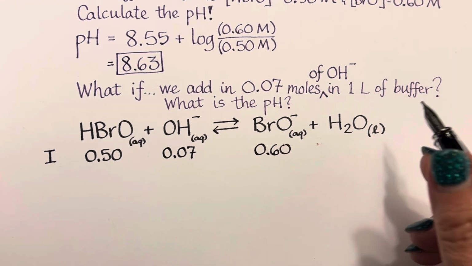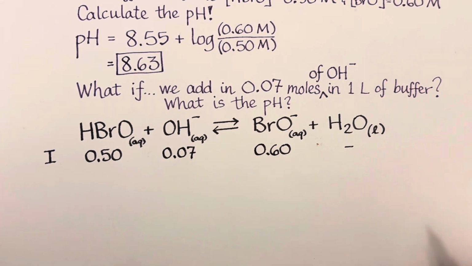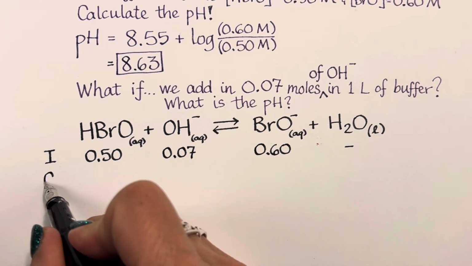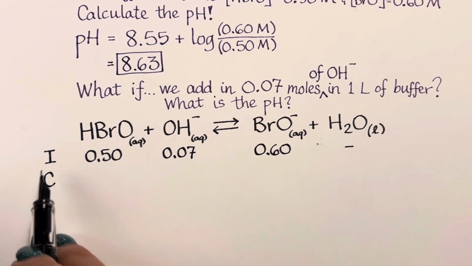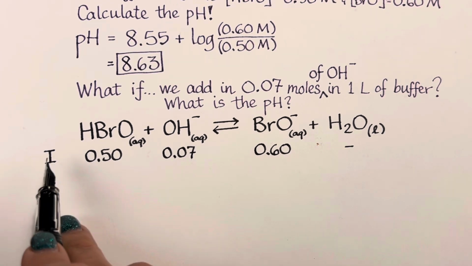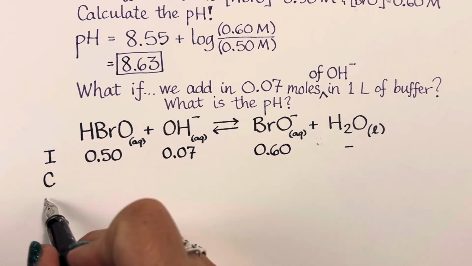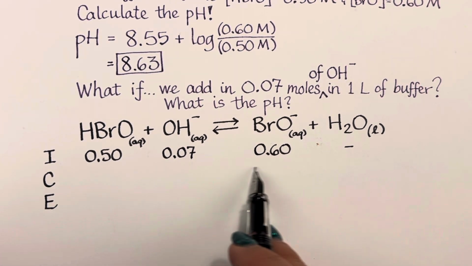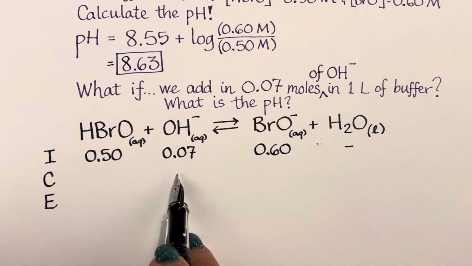Remember, water is a liquid. It's irrelevant with concentration. Okay, now change. ICE: initial, change, and then we'll be looking at the final concentration. What we do here in this row is we look at this strong base that was added. And what happens is this gets completely consumed.